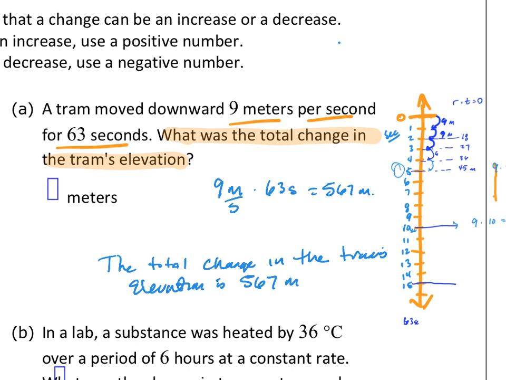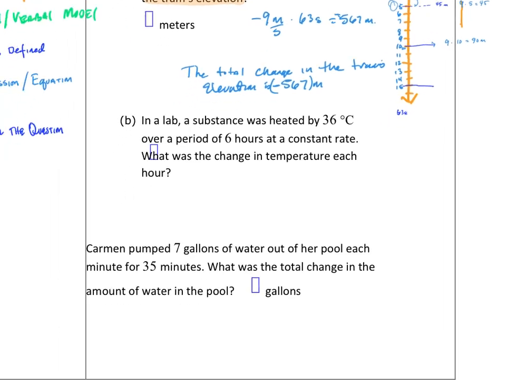Okay, now if we think about this, we're dropping, right? So we're really taking 9 and making it negative, which means a negative times a positive is a negative, and we have dropped. So we would use that negative to show that we've dropped. We've dropped 567 meters.